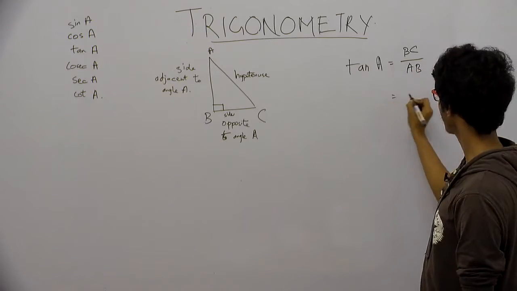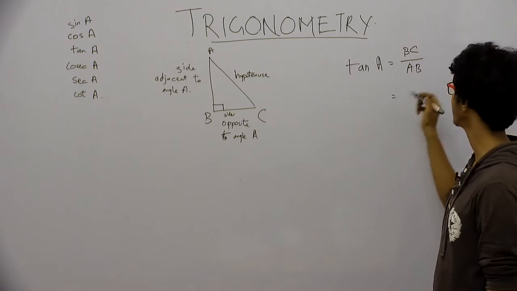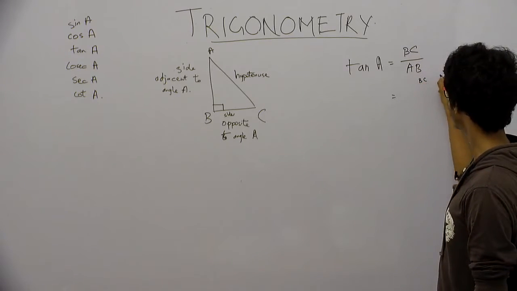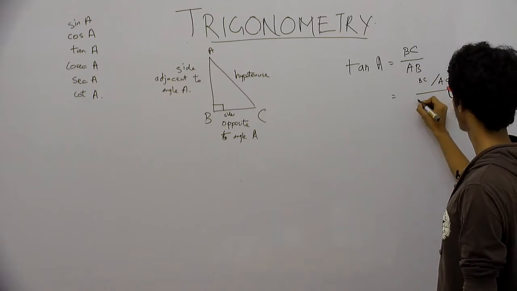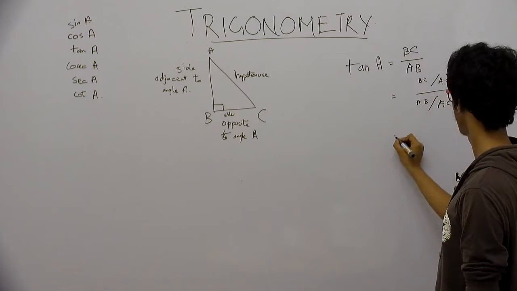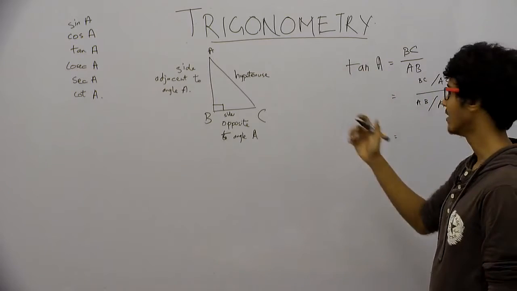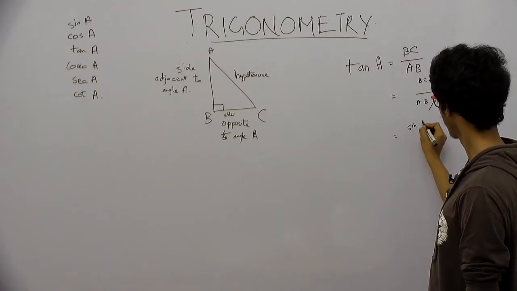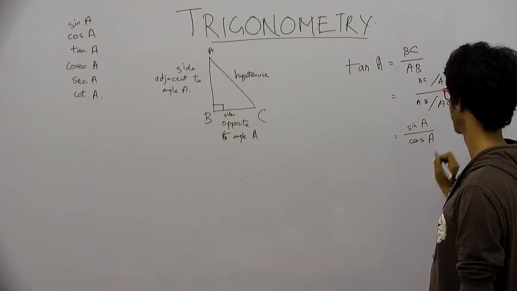Now if we divide both numerator and denominator by the hypotenuse, that is AC, this becomes BC by AC whole divided by AB upon AC. What was BC upon AC? Sine A. So this equals sine A by cos A.